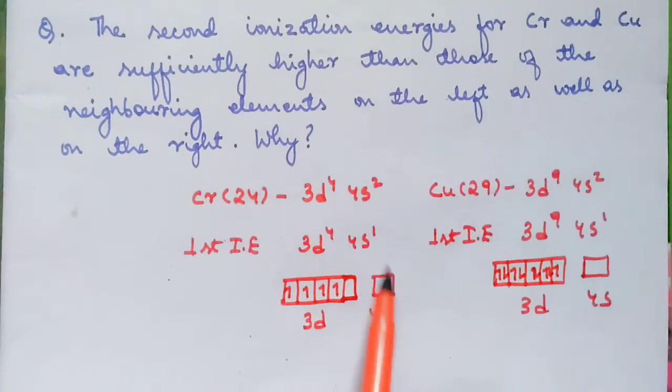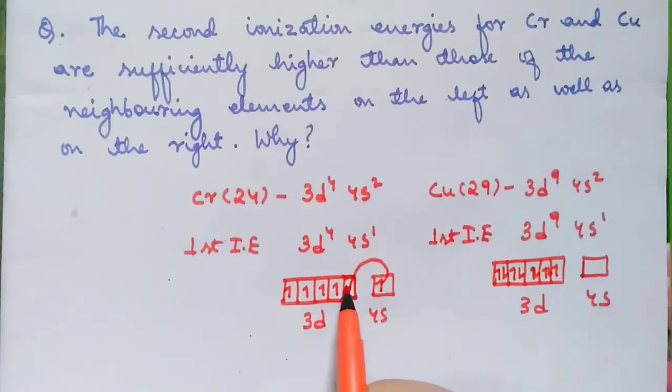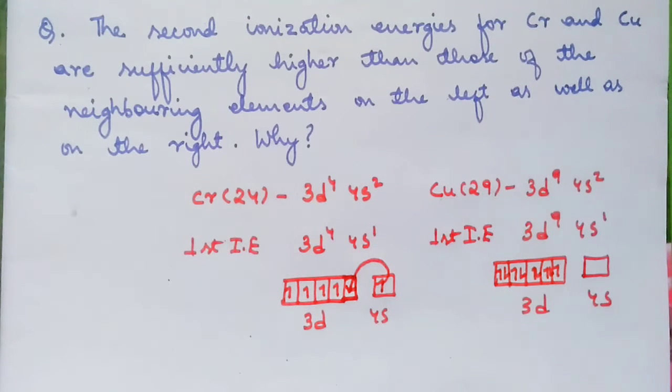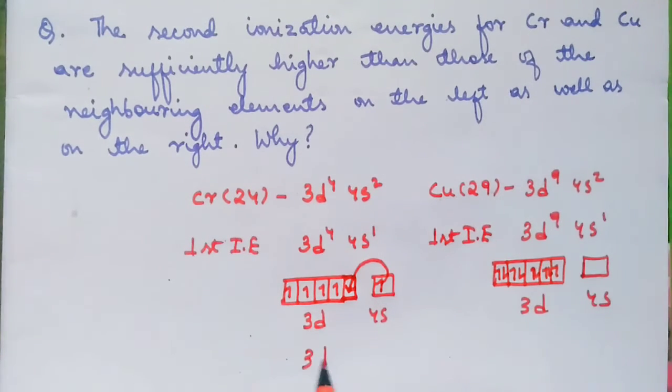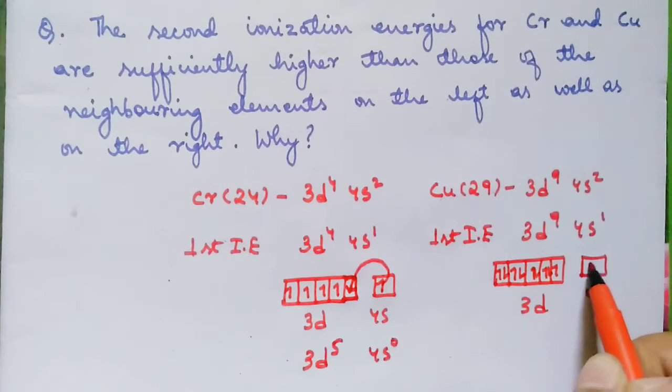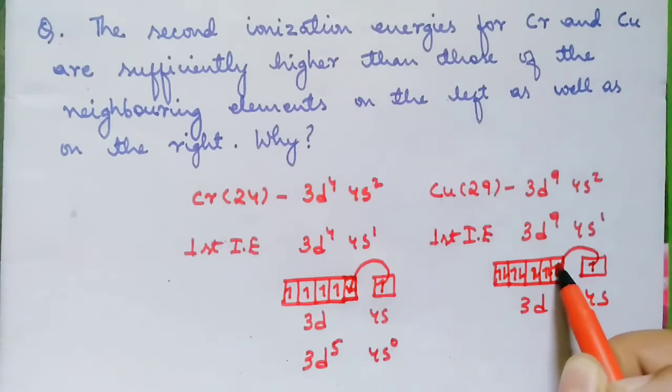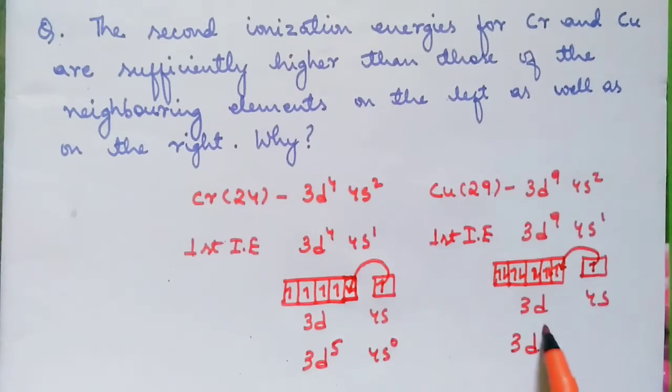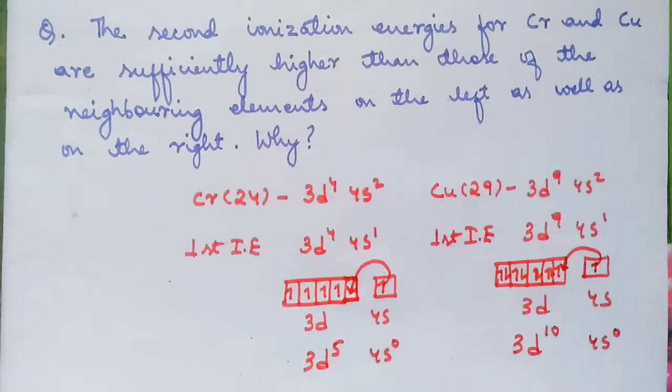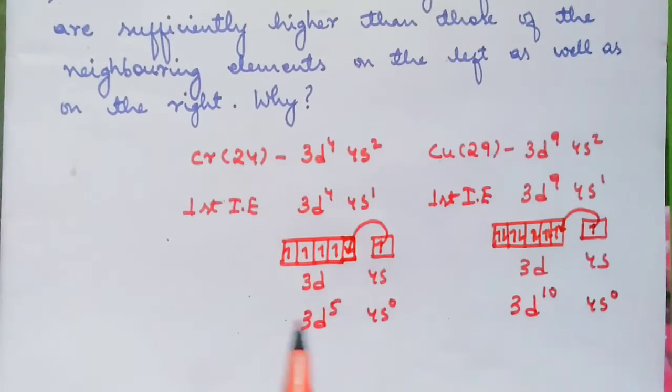This one electron from the s orbital can occupy this empty orbital here to make it 3d5, and finally we have 4s0. In the same way, this one electron from 4s can occupy this one to give 3d10, and here 4s0.